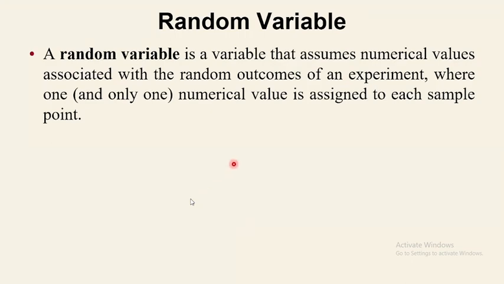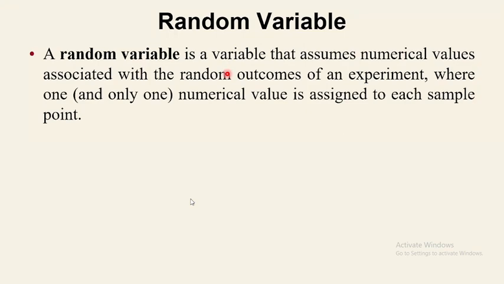So similarly, this random variable is also a variable. It will only assume numerical values. But a normal variable may take, for example, the gender of a student, male or female, different values.